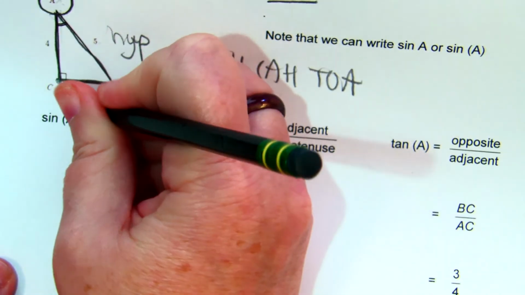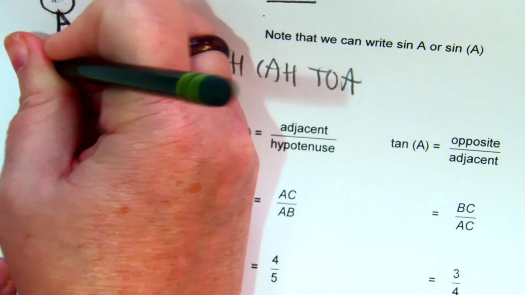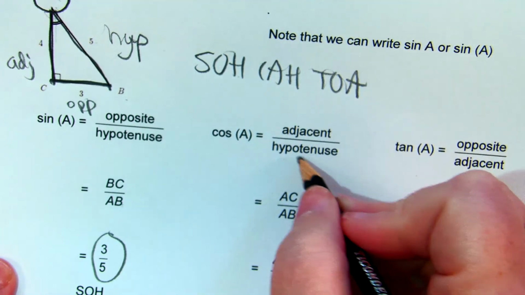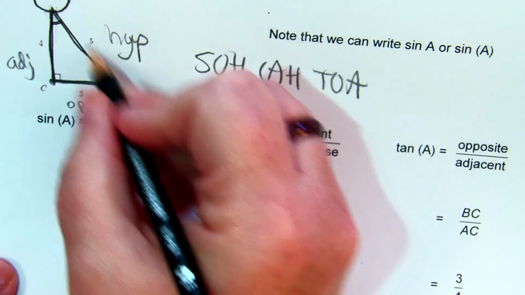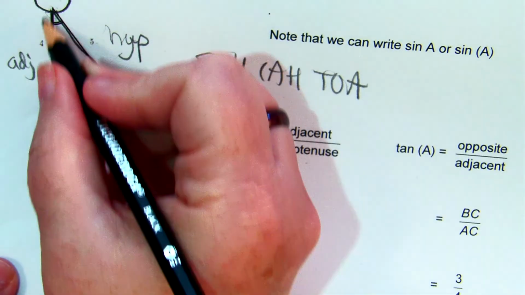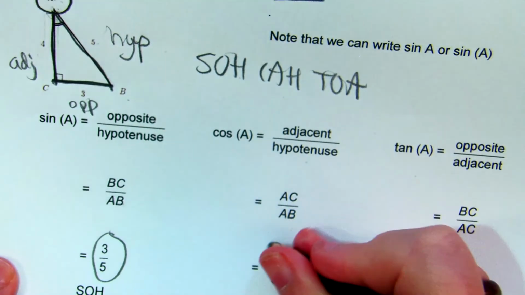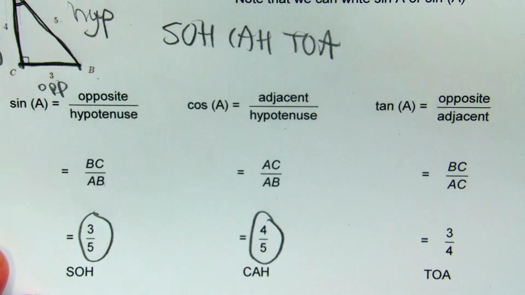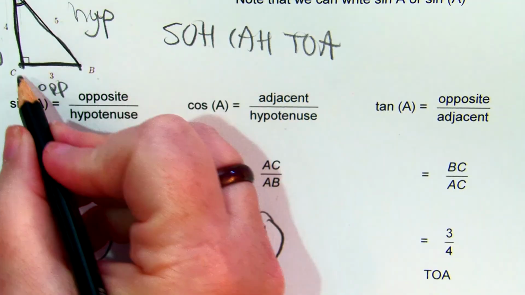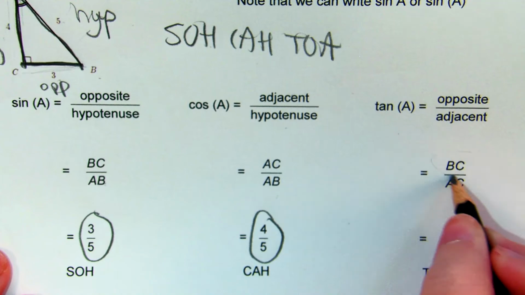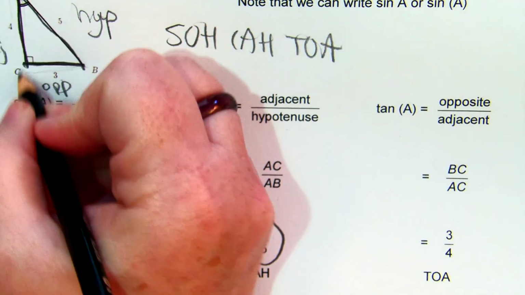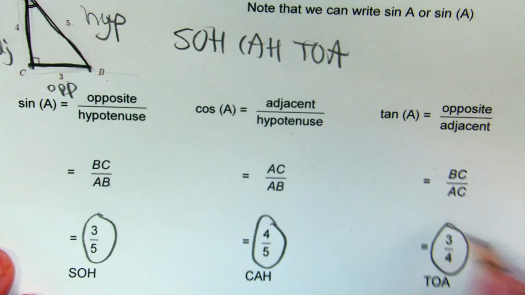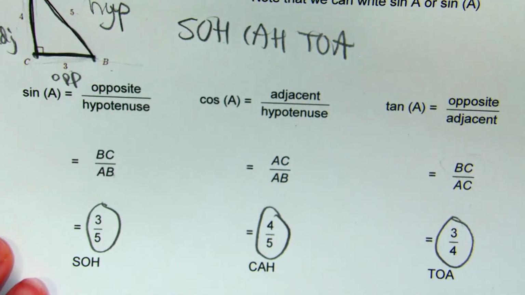This is opposite, this is adjacent, next to. So it's adjacent over hypotenuse, AC over AB. AC is 4 and AB is 5, so it's 4 over 5. That's the CAH part. And then TOA is opposite BC over adjacent AC. So it's 3 over 4.